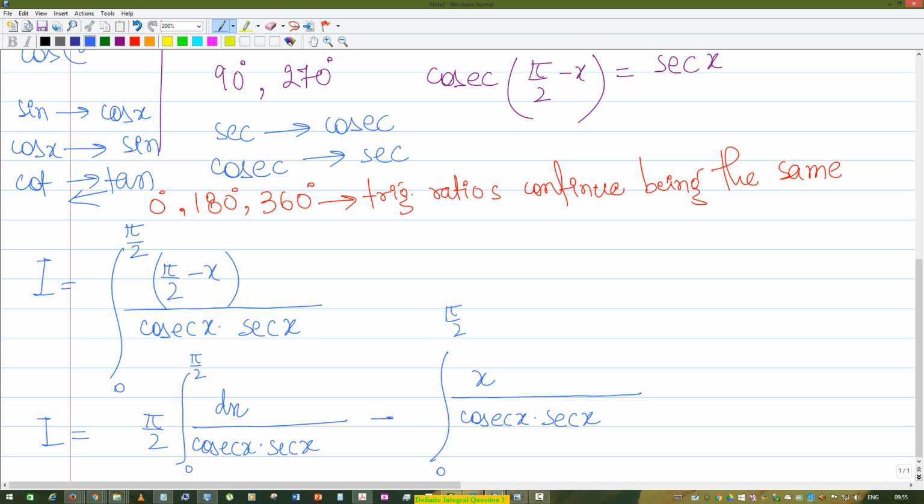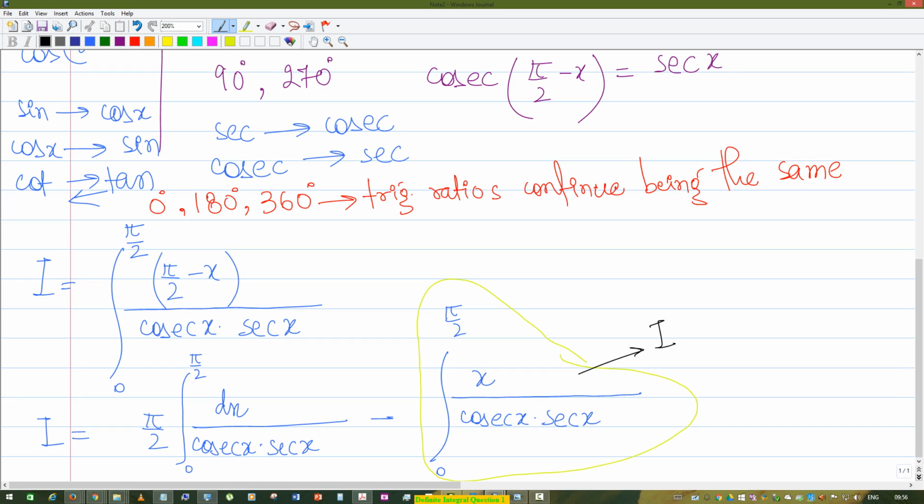And recall that this particular expression is nothing but I.